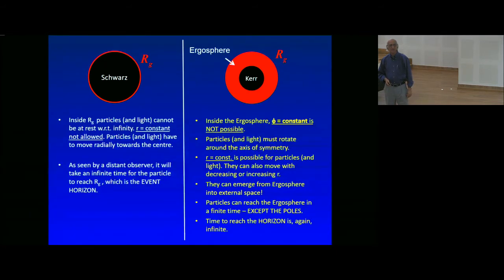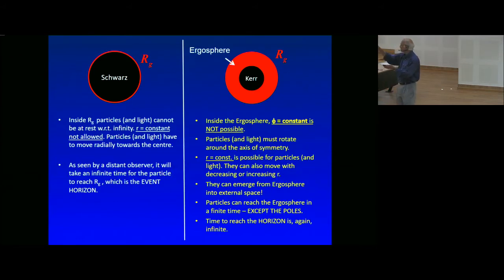Now, particles can reach the ergosphere, as seen by us, in finite time. It won't take infinite time, except at the poles, because at the poles, this surface touches the Schwarzschild horizon, so it will take infinite time.